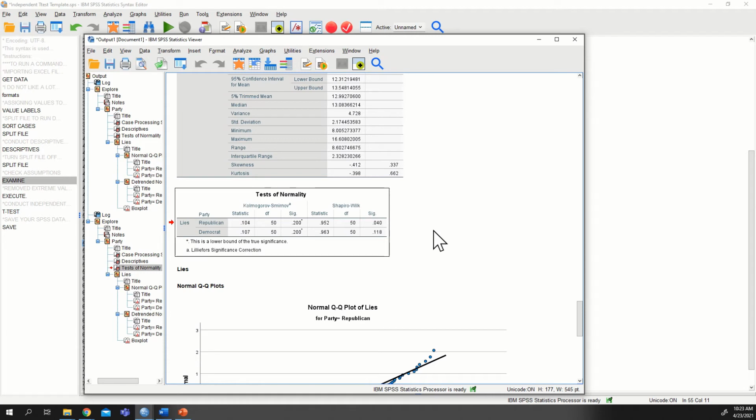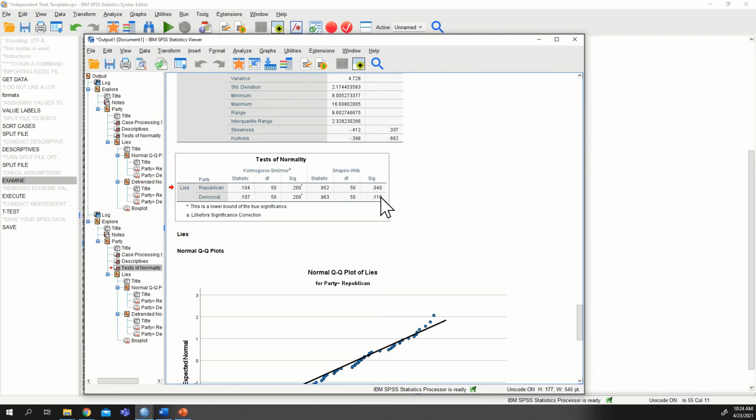I don't like to create data that's very clean, because honestly, I've been doing this for about 8 years, and I rarely see nicely distributed data. So I want to use an example that's more relevant and probably more real to the data you collect. Going back to this, we can see that this is slightly less than 0.05. So there's an issue with the distribution of the dependent variable for Republicans.